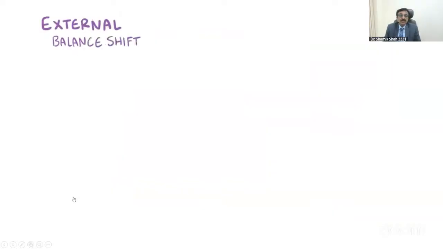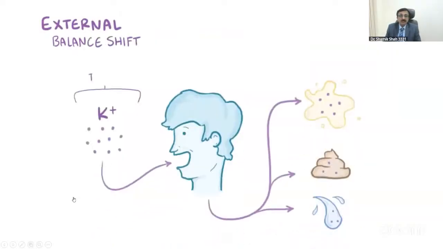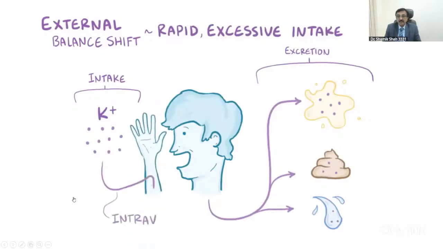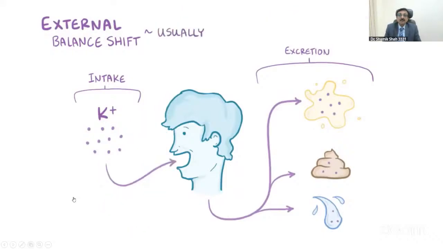Now, when we talk about the external balance shift, this is again a balance between intake and output. So we know that we take about 50 to 150 milliequivalents of potassium per day. Mostly, if the kidney is normal, it takes care of the excretion. But if there is a rapid excessive intake, for example, intravenous fluids like Ringer lactate, then this can cause iatrogenic hyperkalemia.